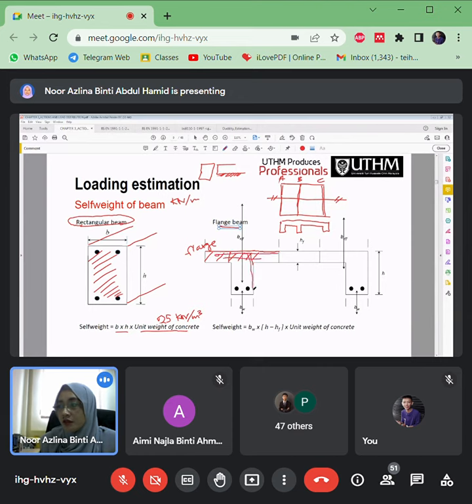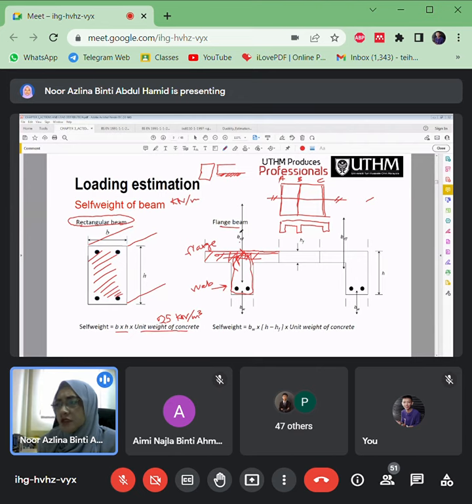This is the reinforcement for the beams, and this is the link here. So the part on top we call the flange, and the part at the bottom we call the web.